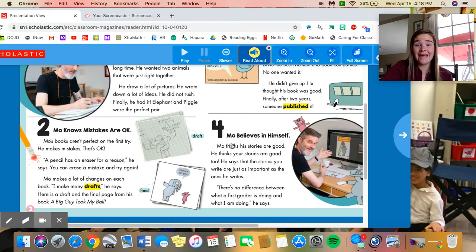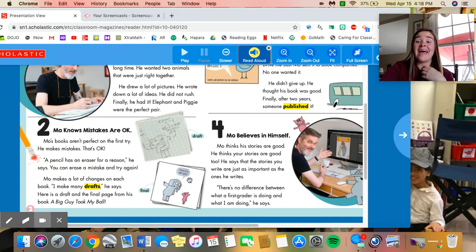Everybody makes mistakes. On this article, the top picture right here is Mo Willems' very first drawing when he was writing the book, A Big Guy Took My Ball. He thought that this was the drawing he wanted on that page. But then, this is what it ended up like. Did it start out like that?